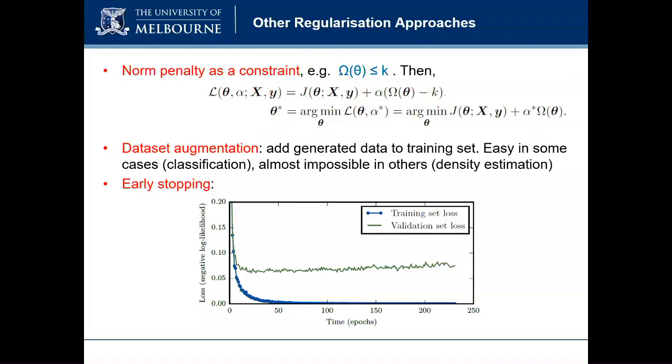Then you can solve for alpha star and theta star. If you put it as a hard constraint, it dictates not only the solution, the optimal weights or the parameter vector theta in this case, but also the optimal weight alpha. The weight comes down from the hard constraint, right?